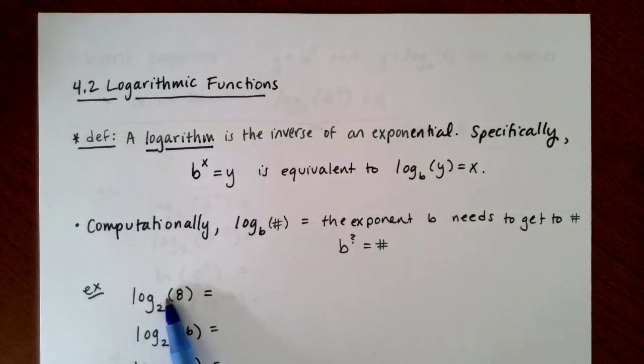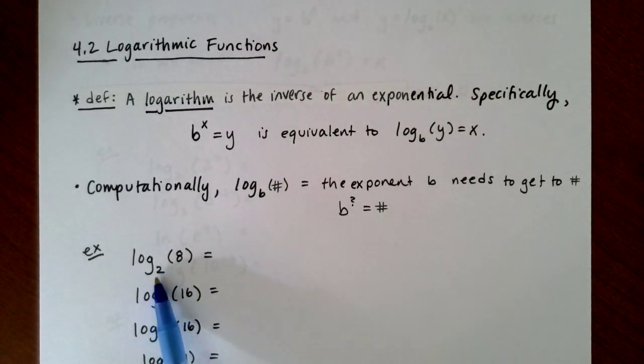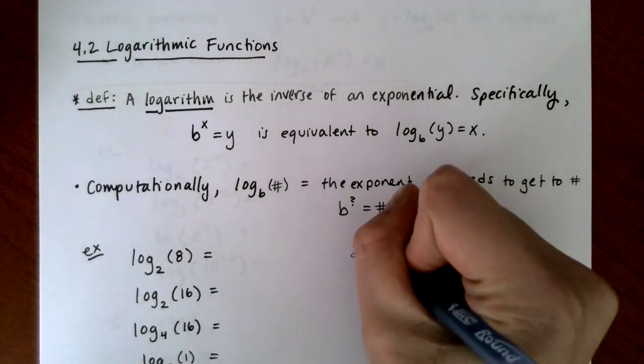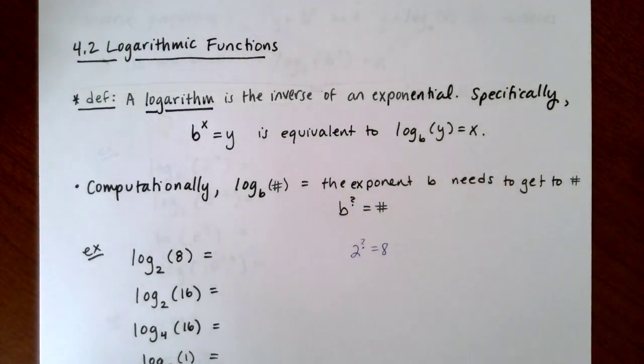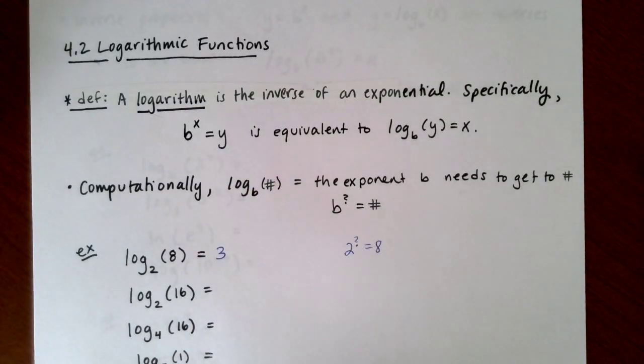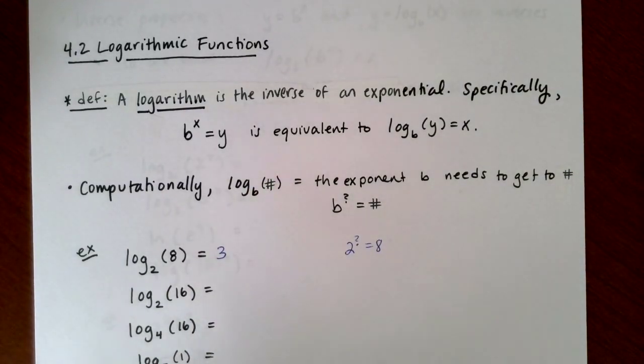So for example, if we're asked to compute log base 2 of 8, we're saying 2 to what power gives me 8? And I'd say, oh, well, there has to be a 3 there because it's 2 cubed that gives me 8. So this logarithm is equal to 3, which we saw in that first example a minute ago.